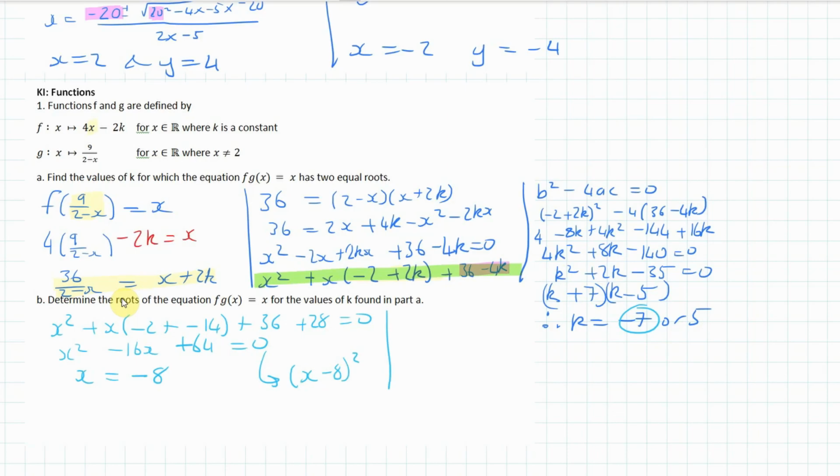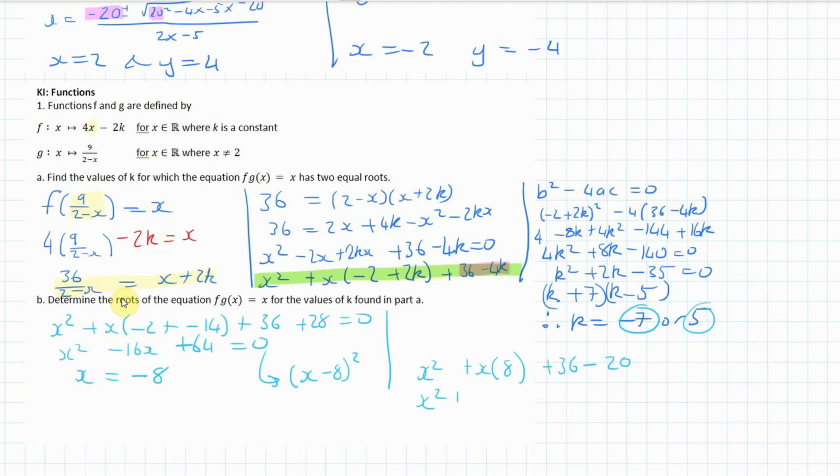Right, and then over here when we try the 5, so we get x squared plus x into minus 2, take away positive 10, so negative 12. Hang on, is that right? Minus 2 plus, oh sorry, plus 10, so it should be positive 8, plus 36 minus 20.